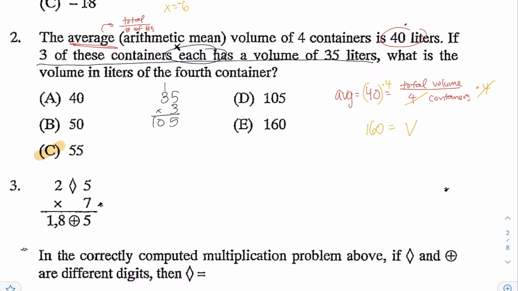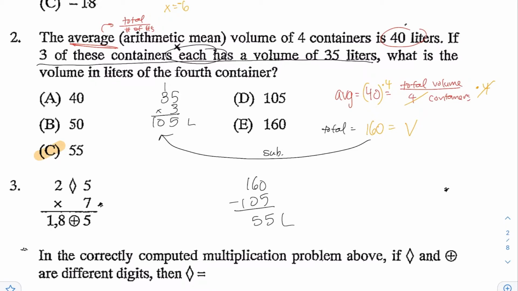So you already have 105 liters as the volume, but you know that the total is equal to 160. So you have to subtract 160 minus 105, and you get 55. That's choice C.